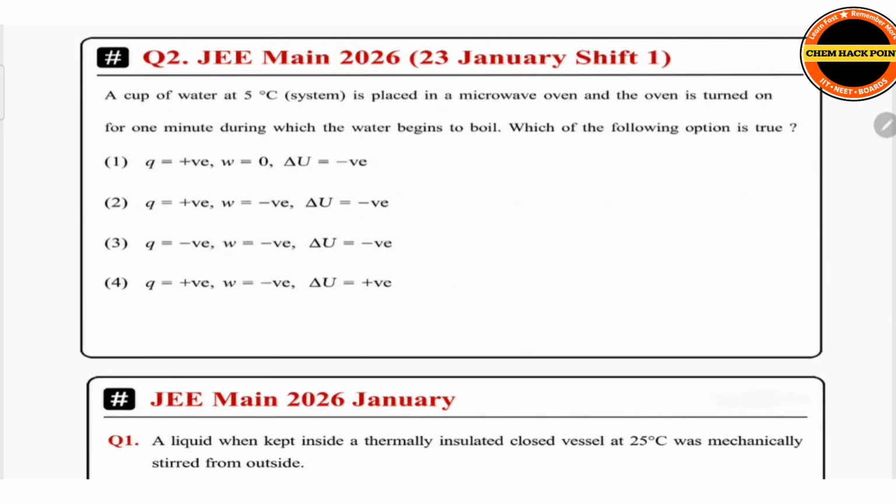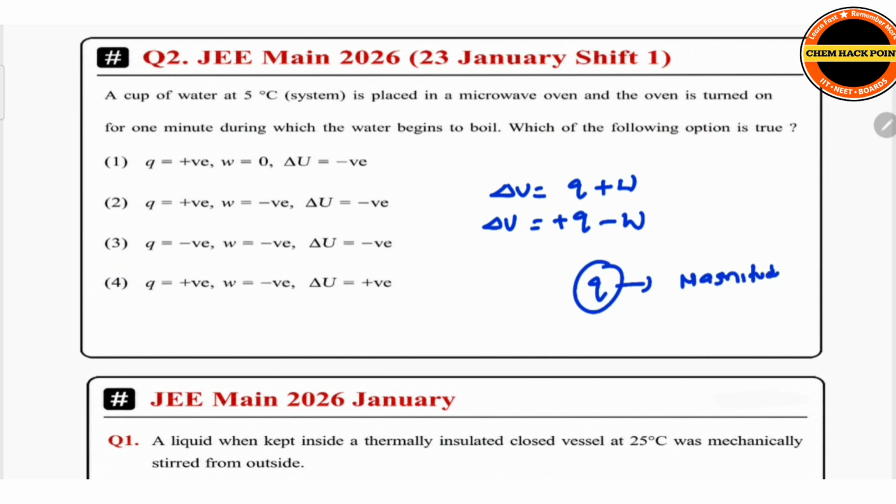W should be negative. And here we know, according to the first law of thermodynamics, delta U is equal to Q plus W. So W is negative, Q is positive. But Q has the maximum magnitude, because with more difference in temperature, the magnitude is very high.